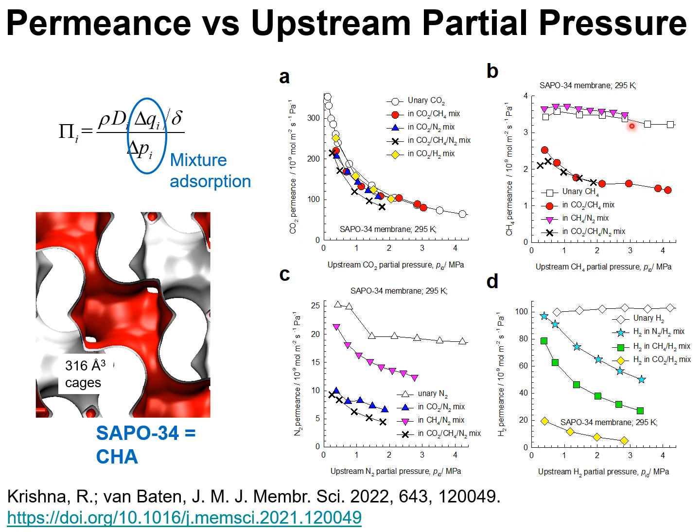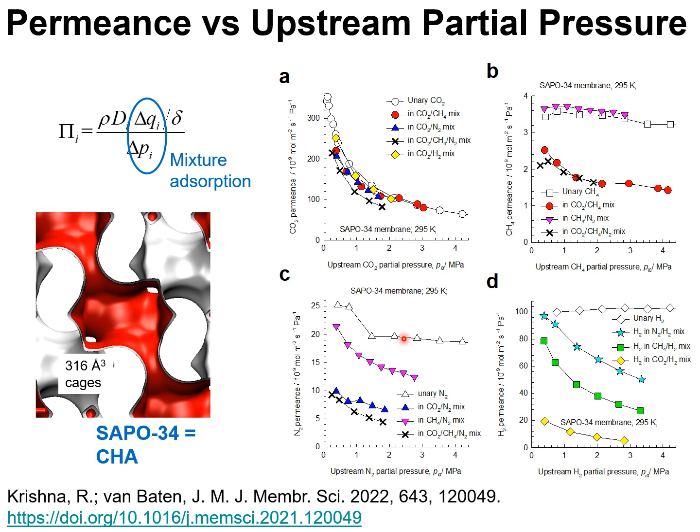If we look at a mixture of nitrogen and methane, the permeance of CH4 in the mixture with nitrogen is shown by the inverted triangles here, and there is hardly any difference because methane is more strongly adsorbed than nitrogen. Therefore, the nitrogen does not offer any competitive adsorption to methane.